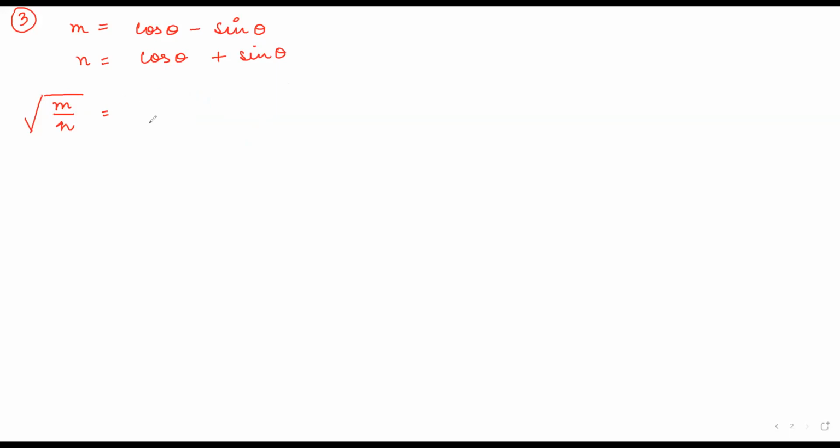So just to make it a bit simpler, that means my m becomes cos theta minus sine theta divided by cos theta plus sine theta. No, I think I should do it together just to avoid any sort of confusion. Let's do it together only.